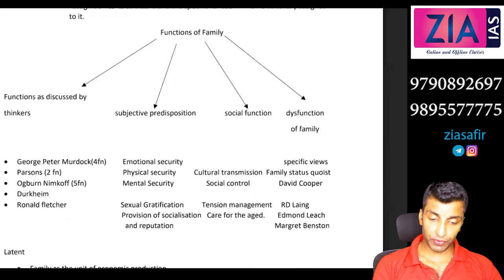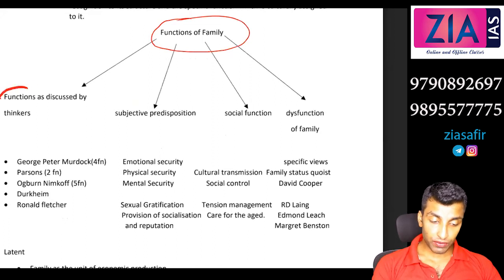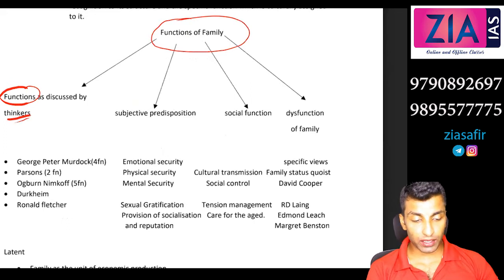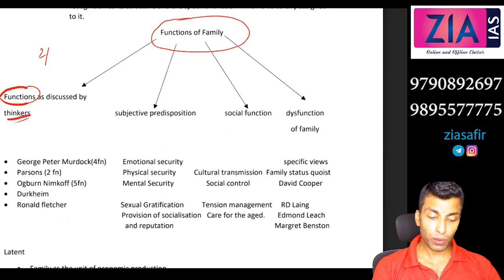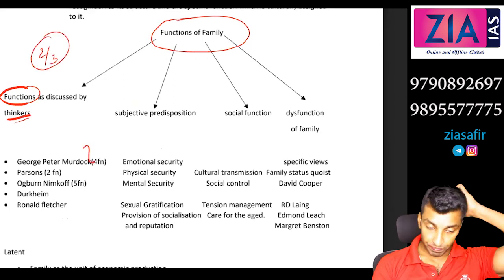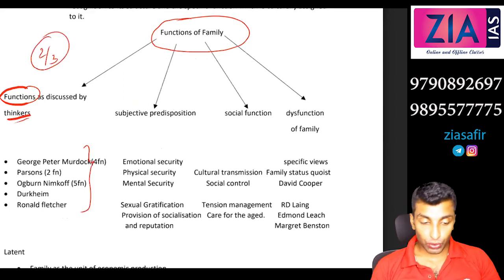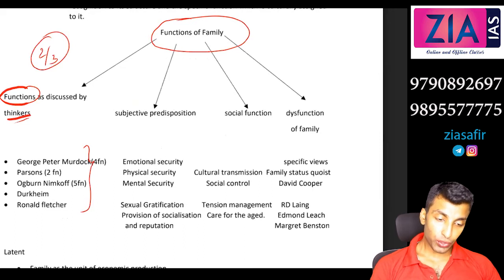Now when we talk about the function, your answer should have 4 dimensions. Firstly, you will talk about the functions discussed by various thinkers. You will start with a few thinkers, maybe 2 or 3 that you know. I'm giving you around 5 thinkers, but you need to write around 2-3, mainly Murdock and Parsons.